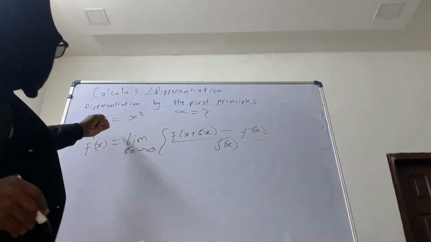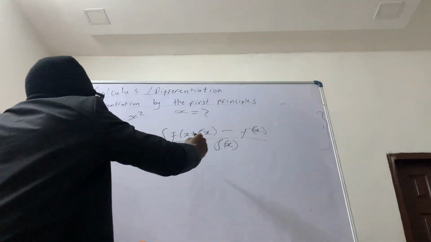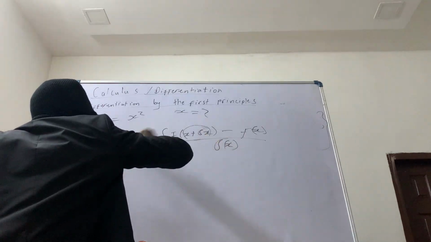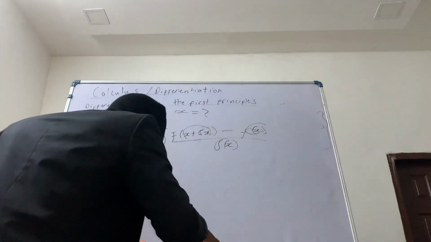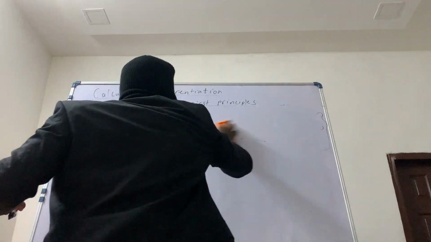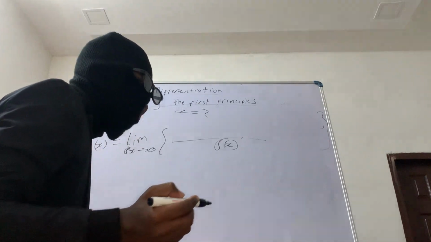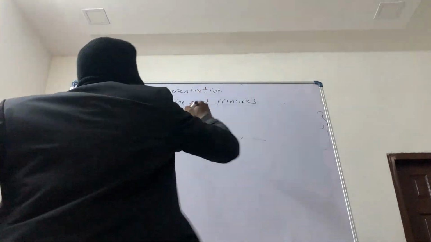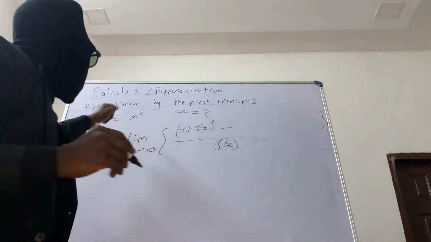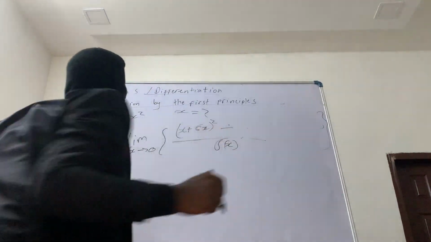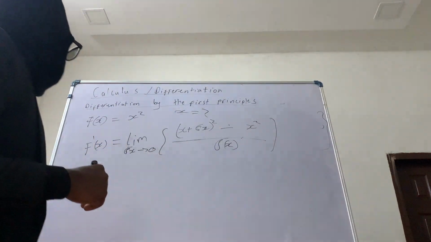According to the first principle, we substitute x plus delta x into our function, and f of x we write as it is. So we take the function x squared and substitute x plus delta x: (x plus delta x) squared minus x squared.